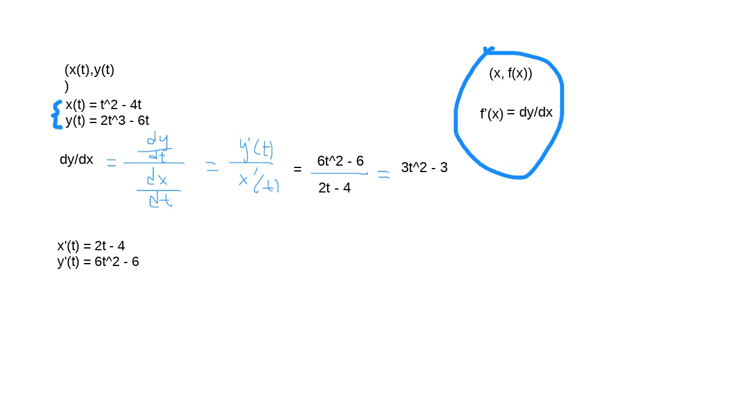So that's mathematics, right? Whenever we can simplify, we just go ahead and simplify. Now we want to find all those critical points. So this is our dy/dx, the rate of change of y in terms of x.